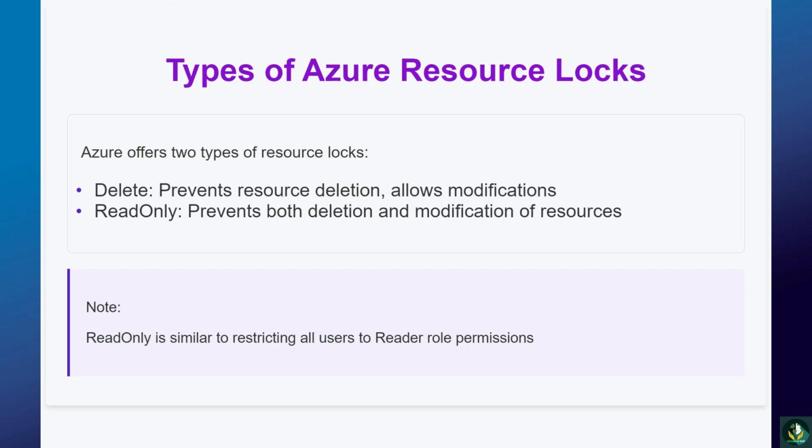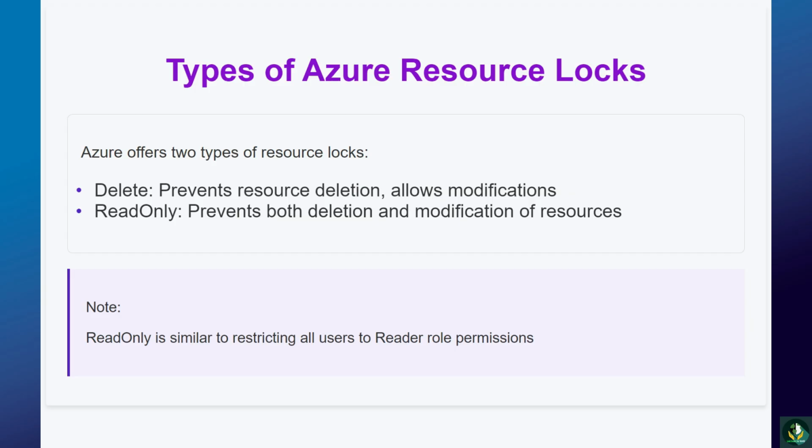However, it's important to note that this lock type still allows for modifications to the resource. Users with appropriate permissions can still read and update the resource, but they cannot delete it. This lock type is particularly useful for resources that may need frequent updates or configuration changes, but which are too critical to risk accidental deletion.